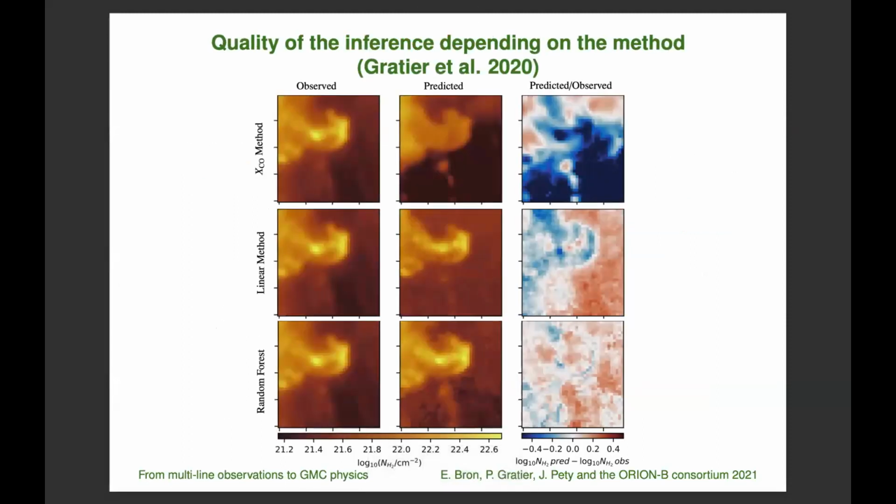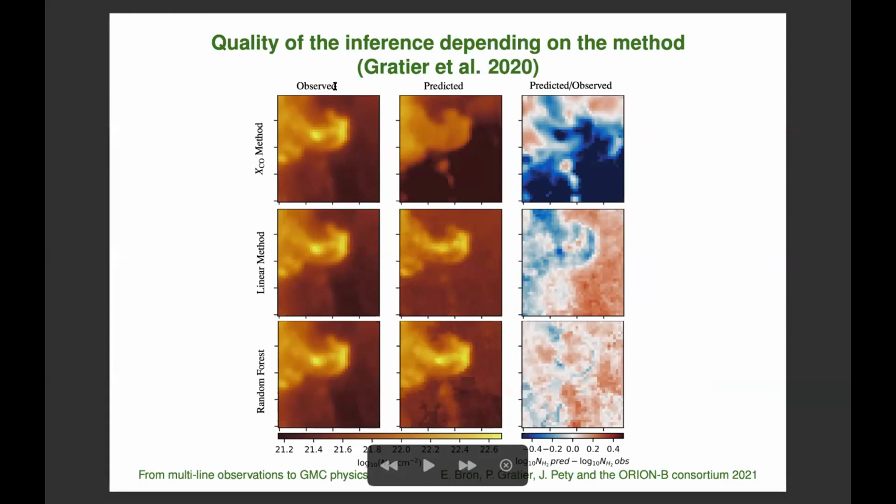So let's dig into the results directly. This is a figure that shows the comparison between different methods by line. The first line is the XCO method, where we just multiply the CO intensity by a constant XCO factor. Then a linear method, checking which are the best linear coefficients to get the regression, and the random forest method.